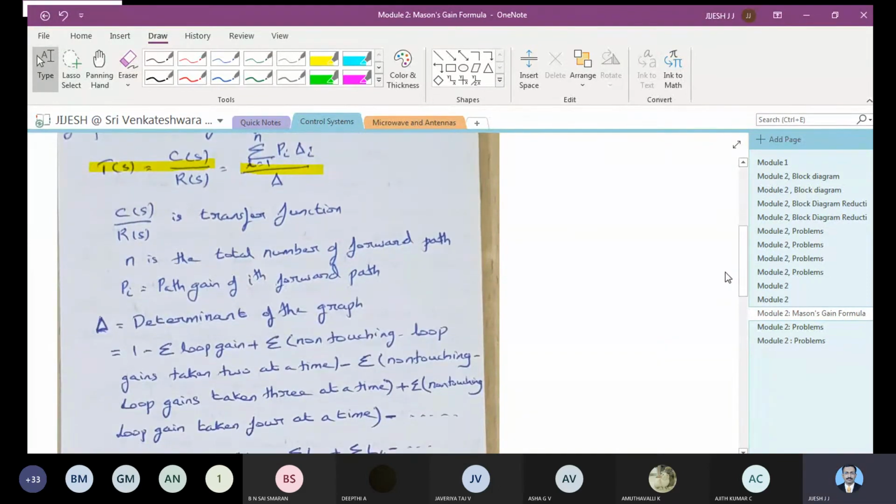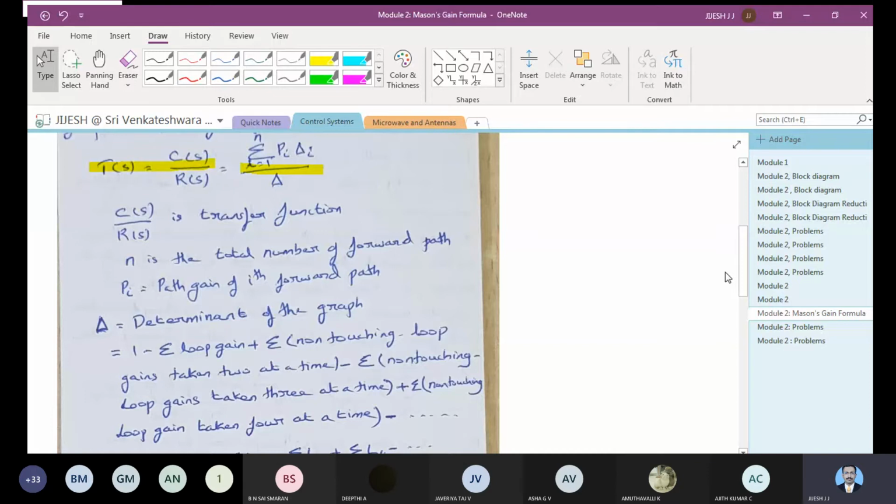You should know that we are going to find the transfer function, C of S by R of S, which is called the transfer function. In the equation, n stands for the number of forward paths, as I told you in the previous example.